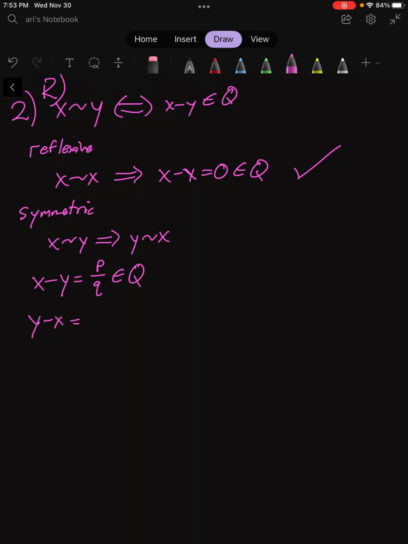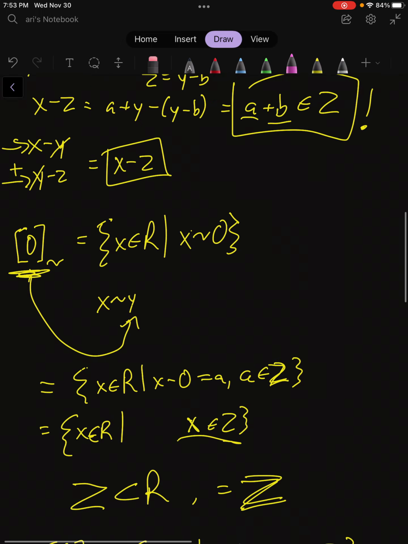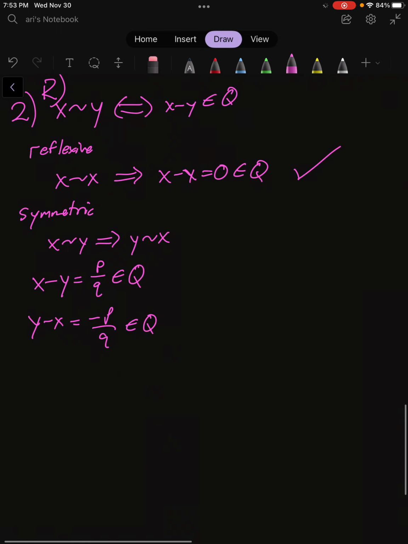So y minus x equals negative p over q, which is also rational. That's the same idea as if x minus y is a, then y minus x is negative a. To be rational, you have to have a fraction of two integers where the denominator is not 0. That is satisfied here.